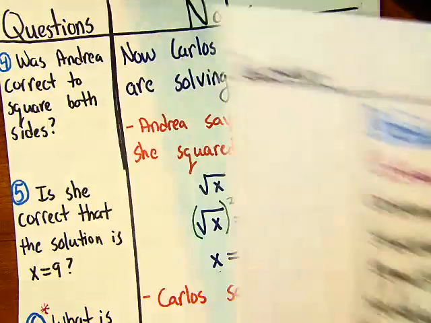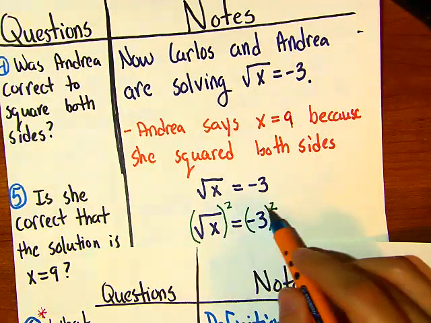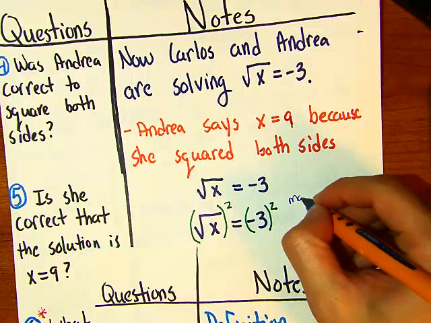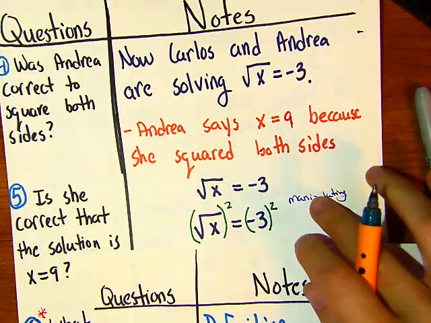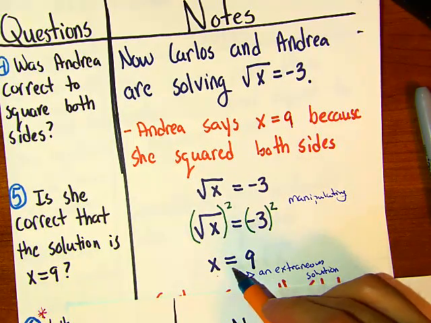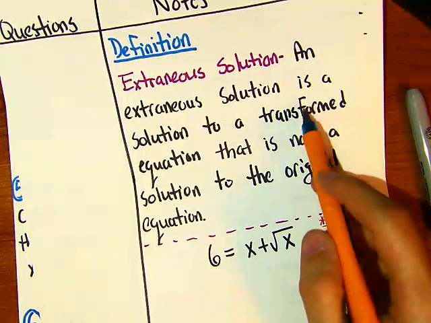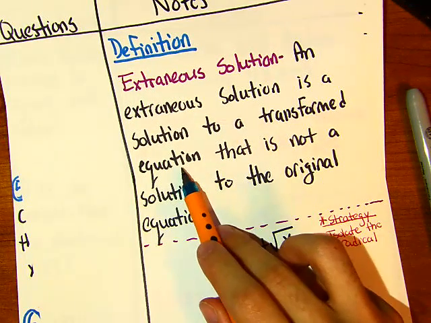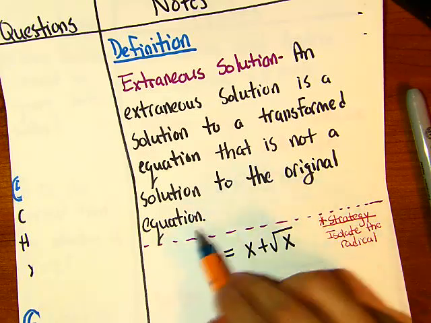So here, what did we do? We had this and we're transforming. We are also manipulating the equation. And here, x does equal 9. It satisfies the transformed equation, but it's not a solution to the original equation.